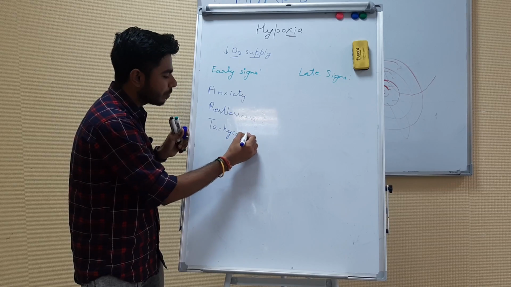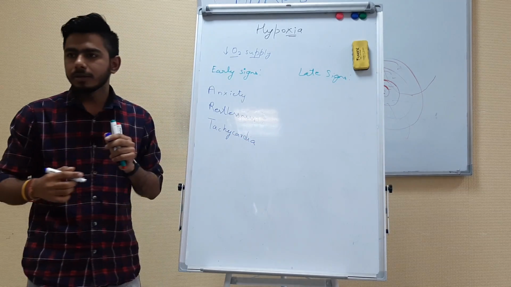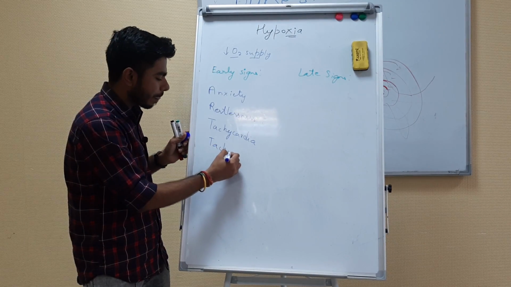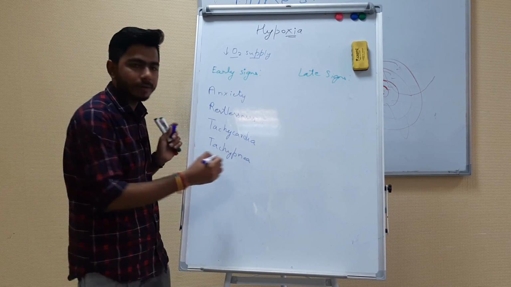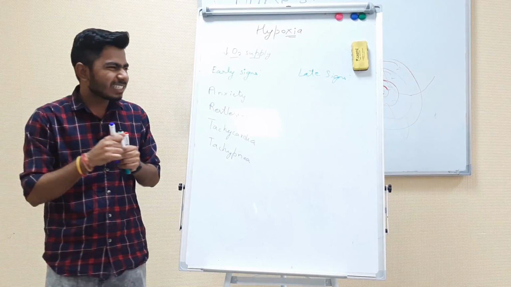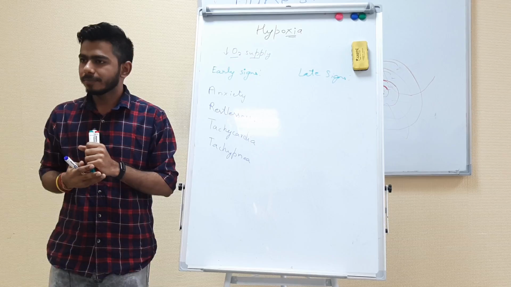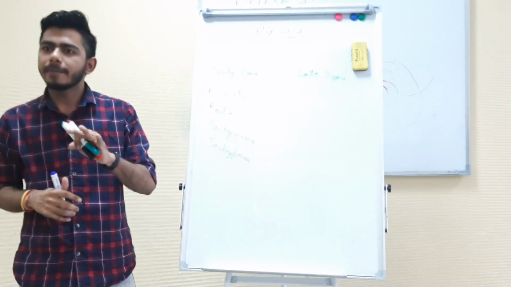What will happen to the respiratory rate? It will be increased. So can I say tachypnea? Right, tachypnea. So these are the early signs of hypoxia. Okay, till now everything is clear?